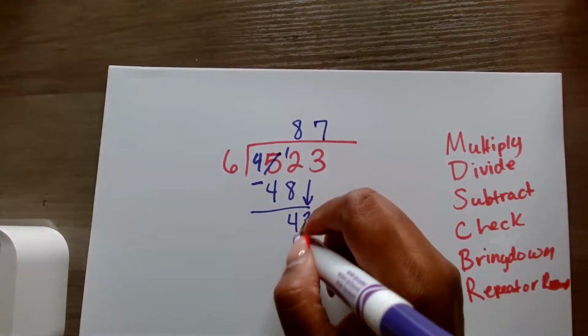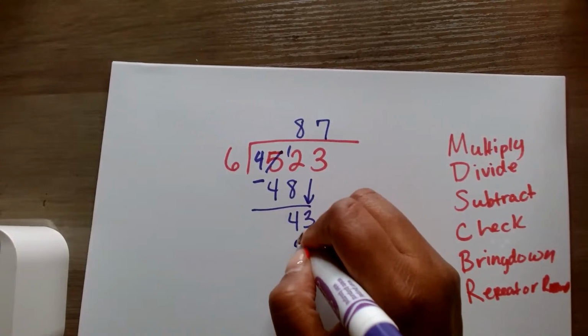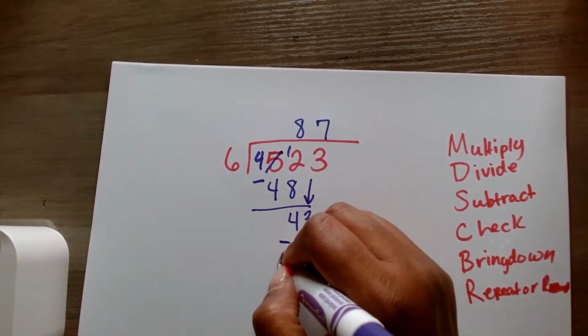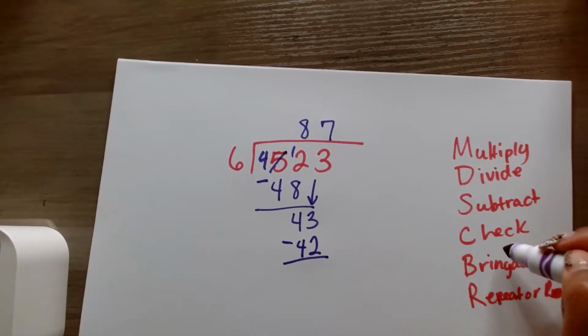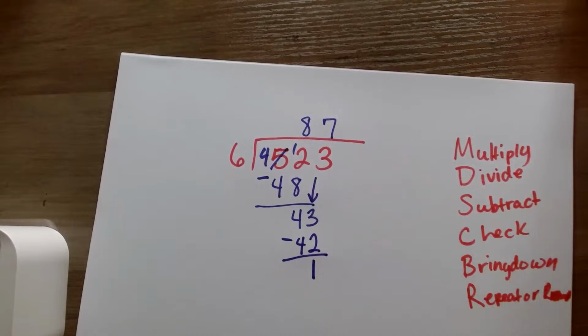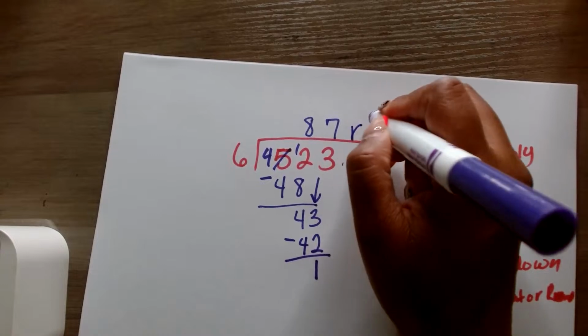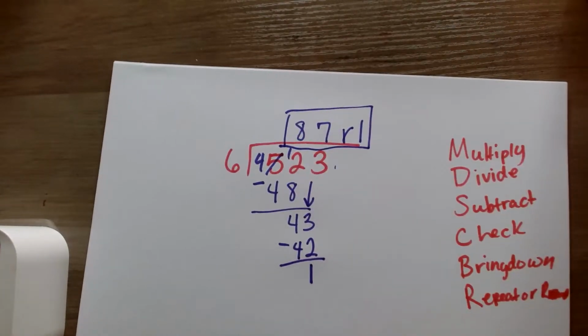And we know 6 times 7 is 42. And so we are going to now subtract, which gives us 1. We're going to check our work. That looks good. And now, because we have nothing left, this will be our remainder. So 87 remainder 1 would be our answer.